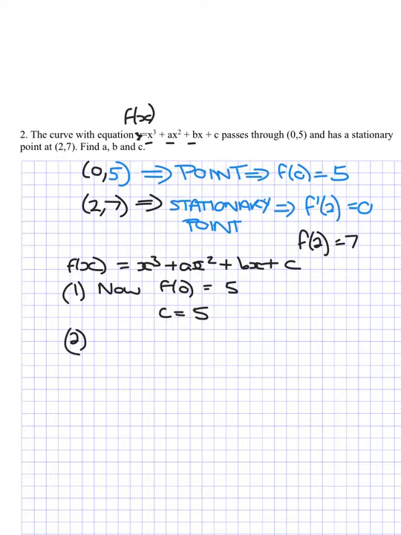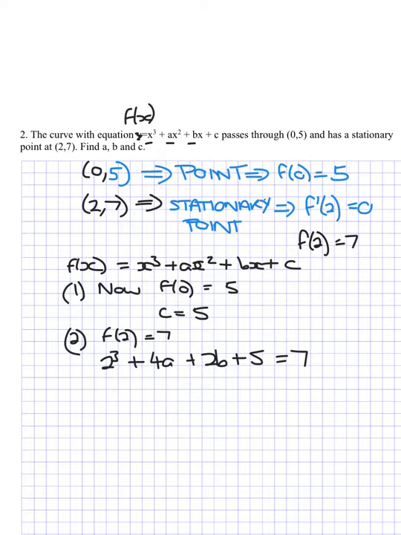Now the next bit, we know that f of 2 equals 7. I'm just going to work with f of x before I work with f dash of x, so let's substitute that in. That gives 2 cubed plus a times 2 squared, so 4a, plus b times 2, so 2b, plus 5, because I now know that c equals 5, equals 7.